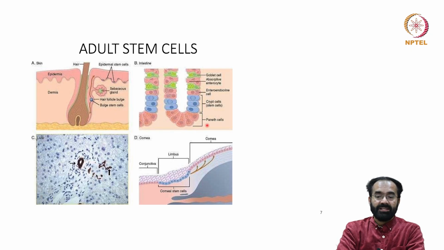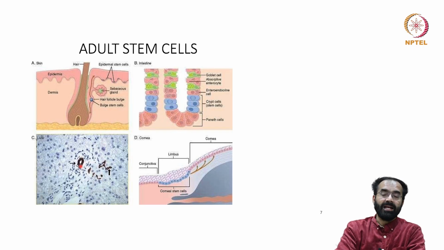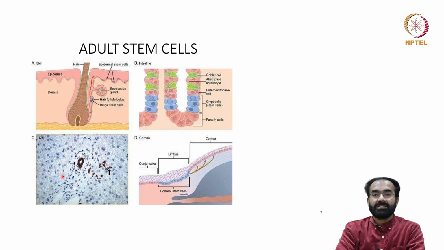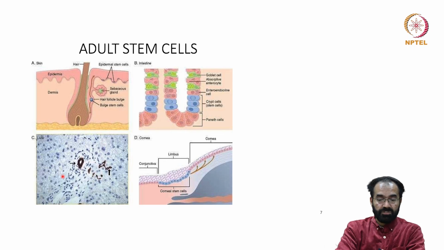And there are also Paneth cells. So these stem cells constantly enter the cell cycle to replace the damaged tissue. In the same way, your liver is constantly undergoing damage, and liver stem cells can give rise to new liver cell types. That is why even after liver damage, the liver bounces back.